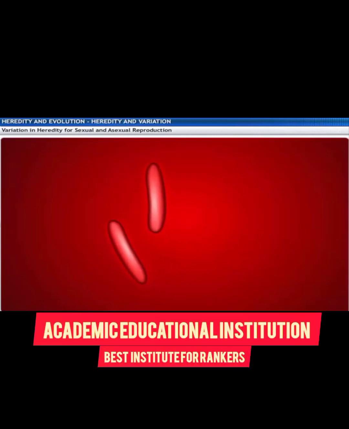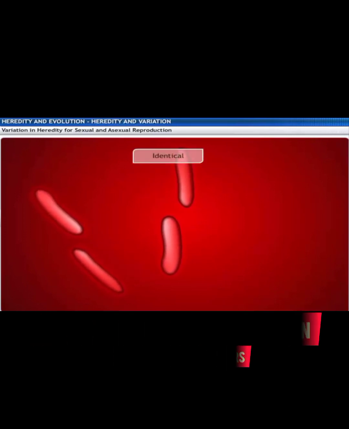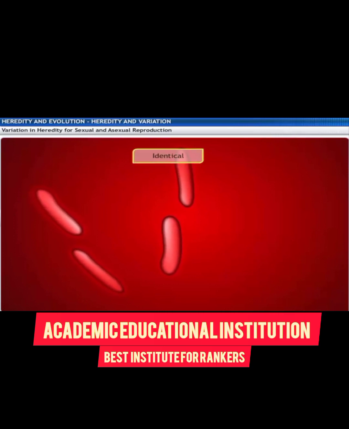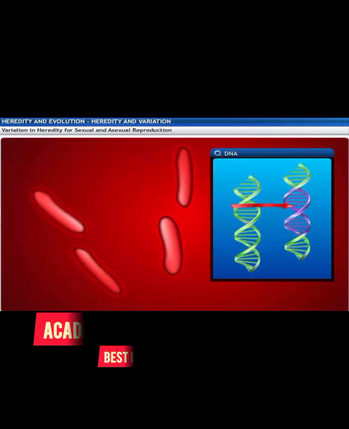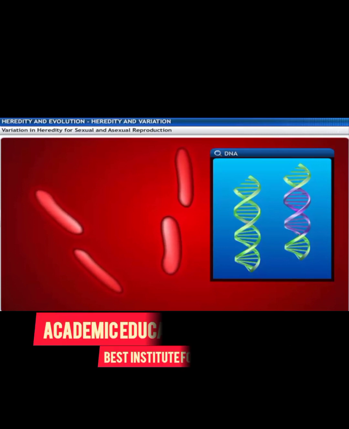A bacterium divides into 2 bacteria, and the resultant 2 bacteria redivide to generate 4 bacteria. All these bacteria are identical. However, there may be minor differences generated due to small inaccuracies in DNA copying.